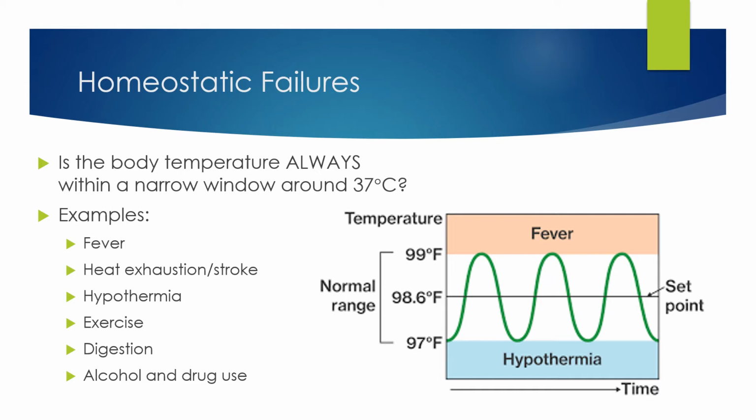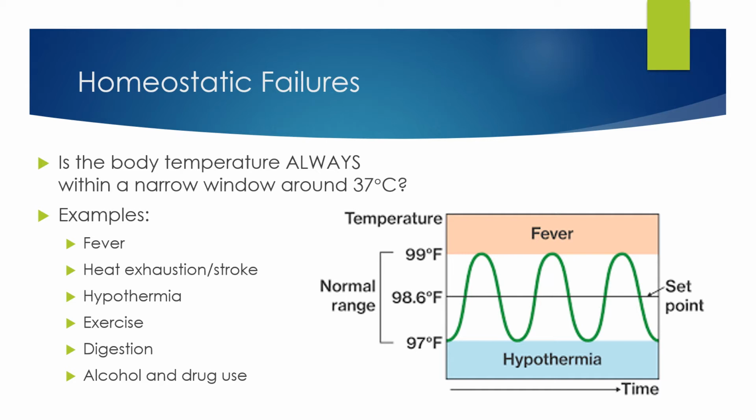Maybe we fell into some icy water and we can't generate enough heat in our body to keep our temperature up. Maybe we just exercised. That's going to increase our body temperature because we're moving a lot and we're burning a lot of our food for energy. Maybe we're eating and digesting.